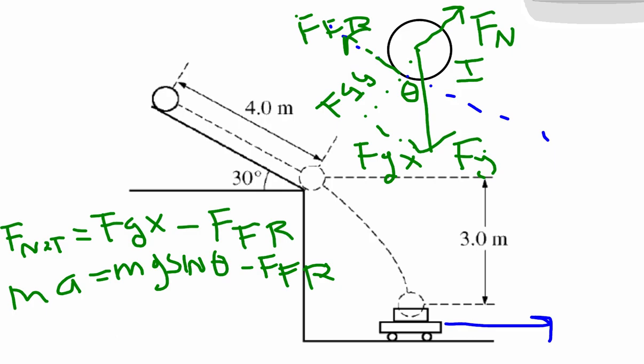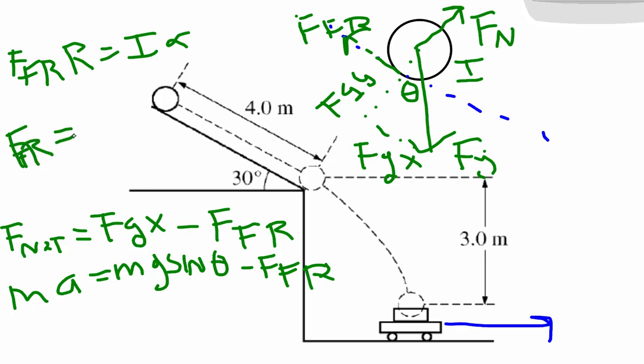So then we're going to say force of friction times radius does equal I alpha. So then force of friction is equal to I alpha divided by R. Now of course we have alpha in there.